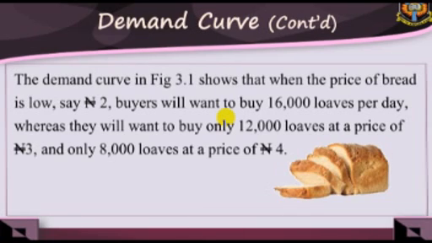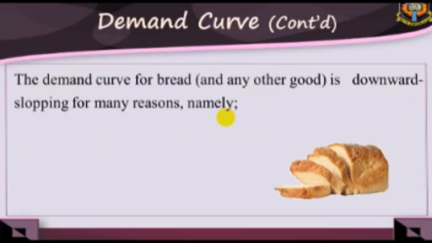The demand curve in figure 3.1 shows that when the price of bread is low, say 2 naira, buyers will want to buy 16,000 loaves of bread, whereas they will want to buy only 12,000 loaves at the price of 3 naira and only 8,000 loaves at a price of 4 naira.